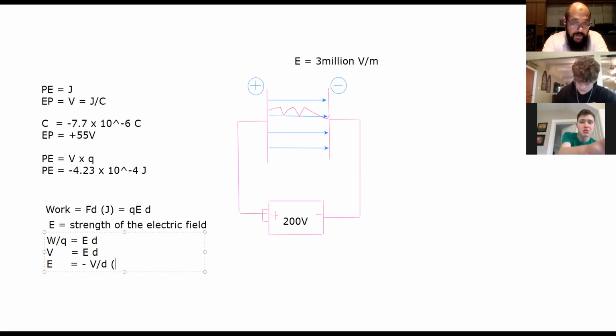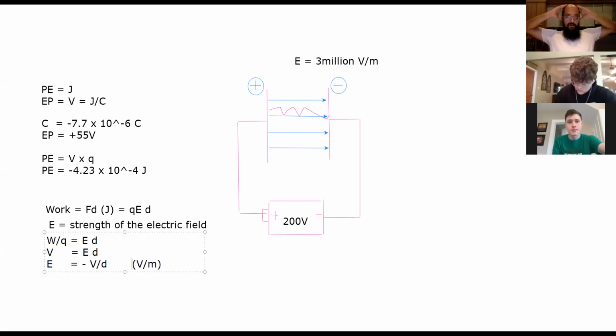And the unit for that is volts per meter. That makes sense. So that's the strength of your field.